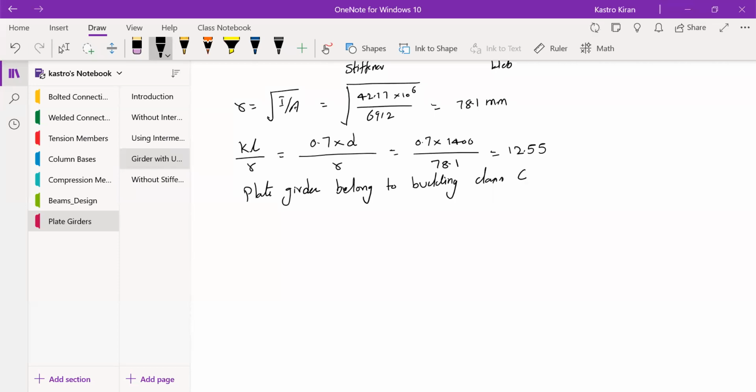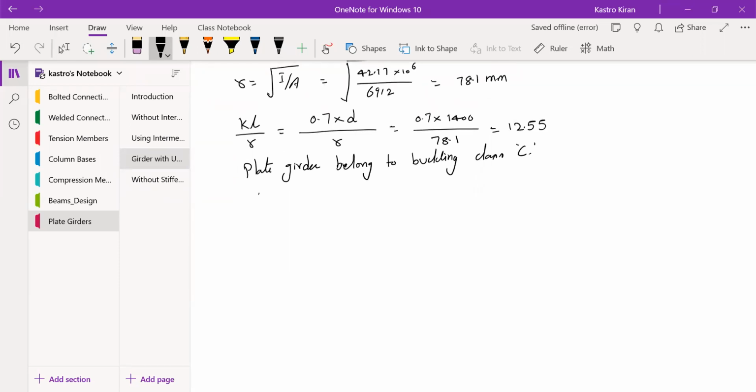Because all the built-up sections belong to buckling class C. This we have discussed by using the table which is provided in IS 800-2007, right? So when a section belongs to buckling class C, you have to use table 9C of IS 800-2007 in order to obtain the value of FCD.